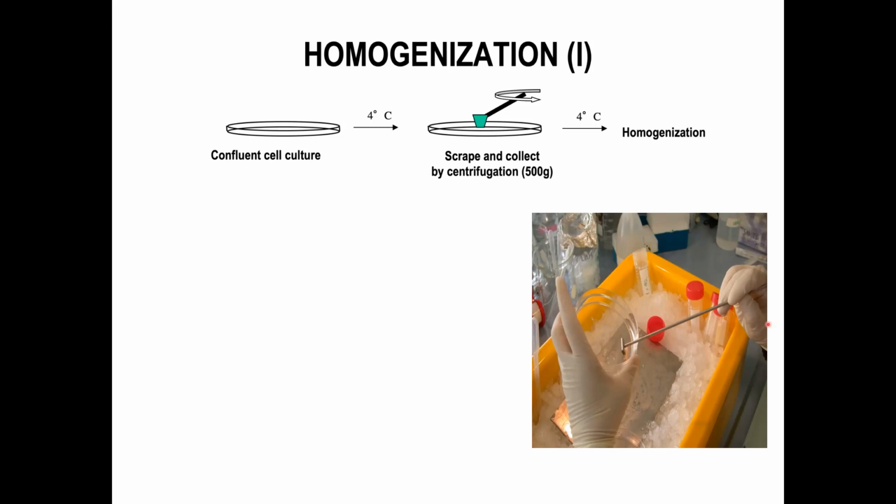This is something made by our workshop, for instance, something that we prefer to use because this Teflon piece you can easily cut out of a piece of Teflon and put it into this metal holder rather easily. And then you can scrape the cells off, but you can buy plastic scrapers, even sterile scrapers. They are very cheap and can be purchased everywhere.